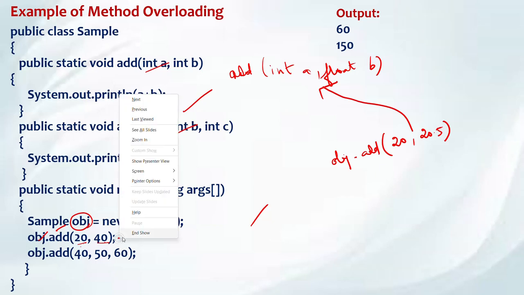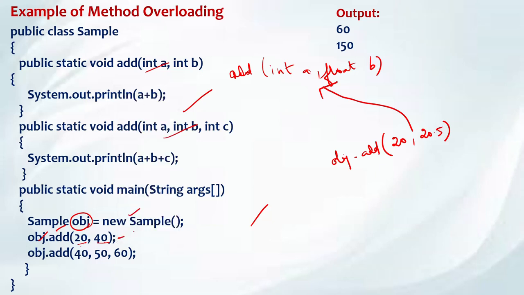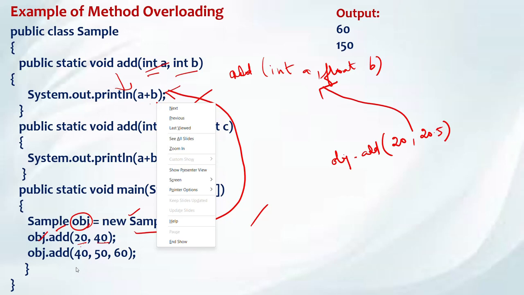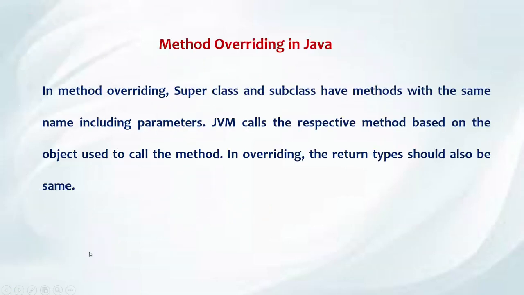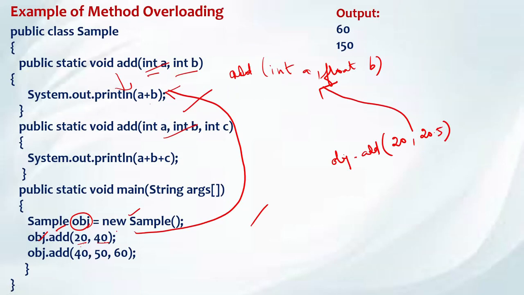These parameters' data types are integer, so Java checks for the matching data type and parameter list. Once we call this function, it automatically matches the integer type two-parameter list, so it will execute the statement System.out.println(a + b). The next statement is the object with three parameters, 40, 50 and 60.